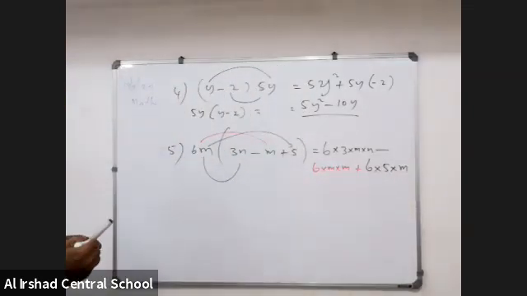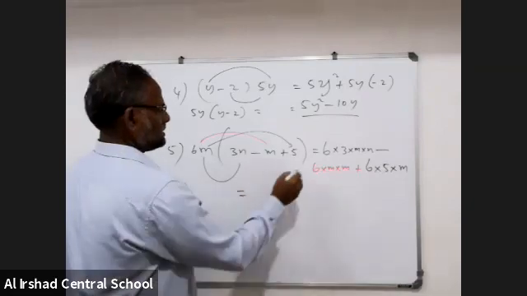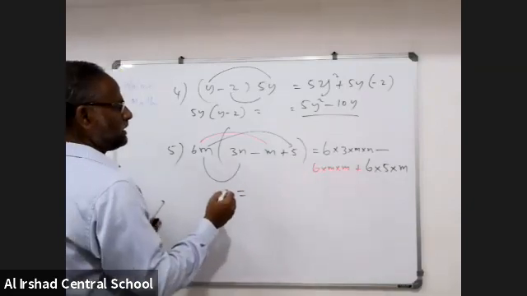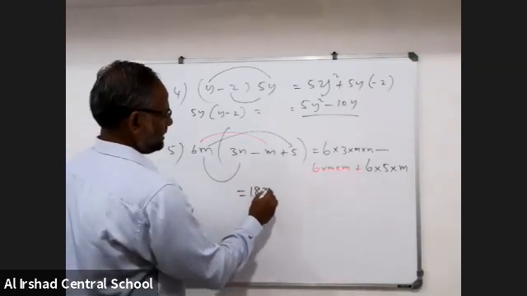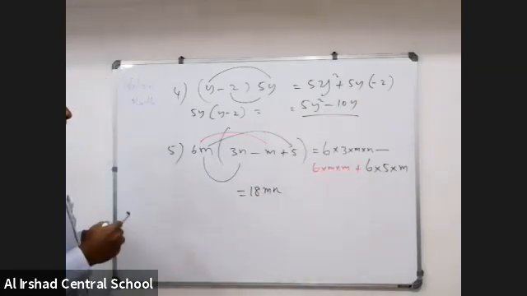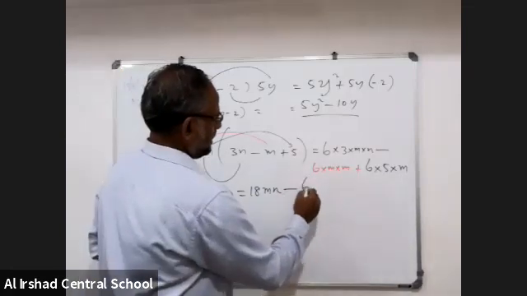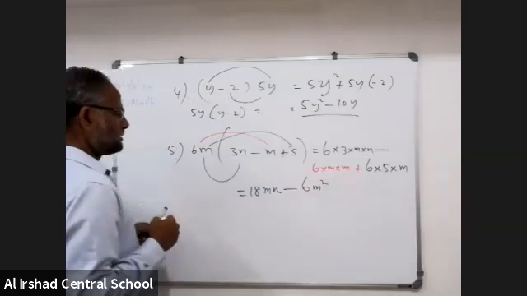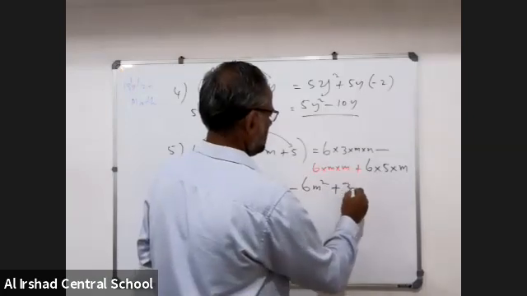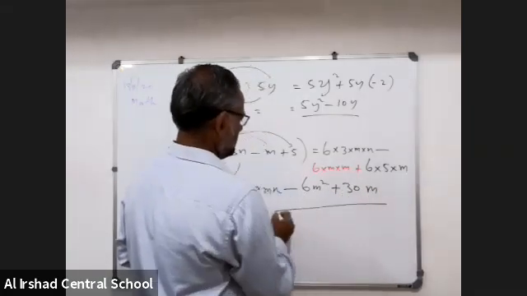Now what is the answer? Tell me. 6 into 3, 18, 18mn, m into n, mn. Then minus 6m square, 6m square, plus 6 5s are 30, 30m.